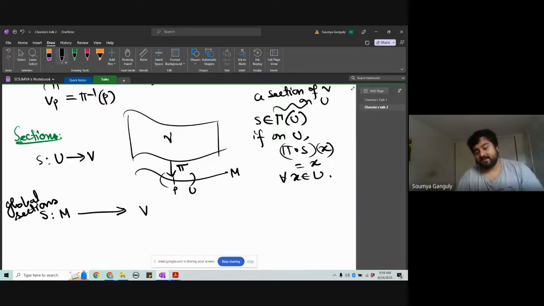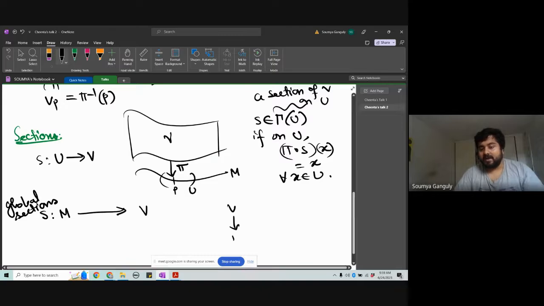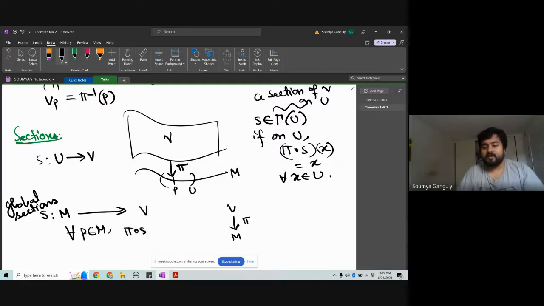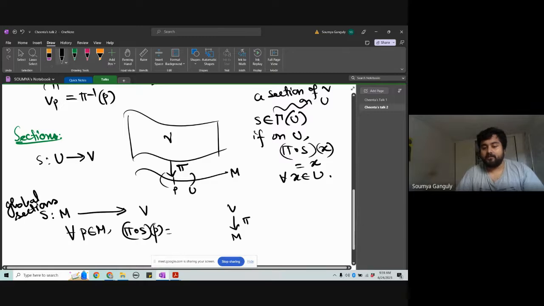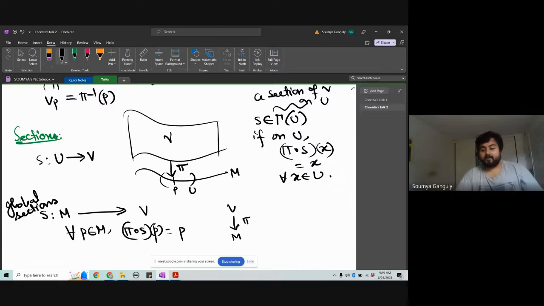So if you have a section S of a vector bundle V, where V is a vector bundle on M with a projection map pi, and you have a global section, which means for any P in M, pi composed with S of P is equal to P. Then S is a map from M to V. It is actually a map from a manifold to some other space.